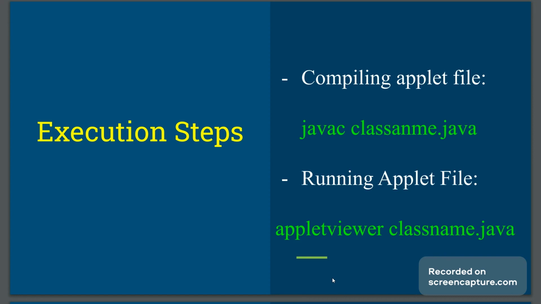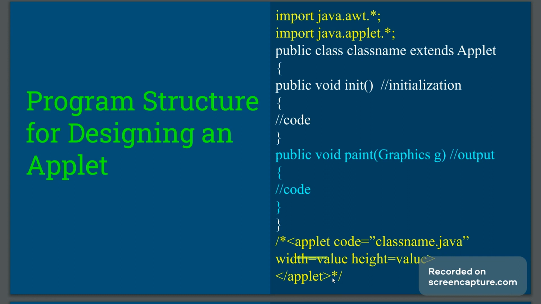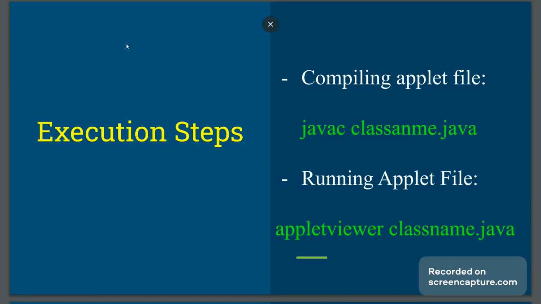How to execute an applet? Of course, the applet code is Java code, so we have to compile that code first. For compiling an applet file, we have to go to the command prompt and up to the bin folder like a regular program. We have to give the command for compiling like javac classname.java.